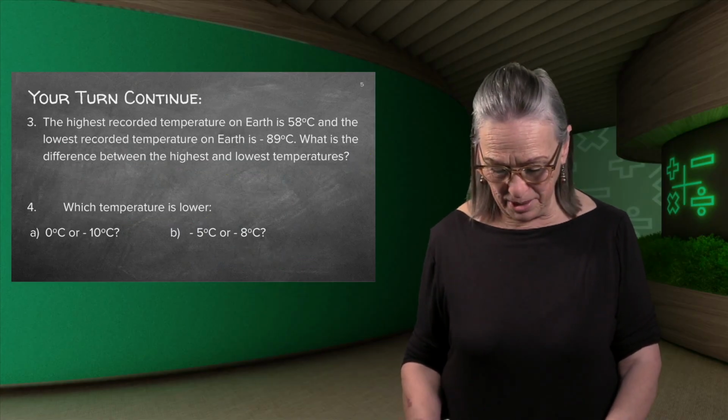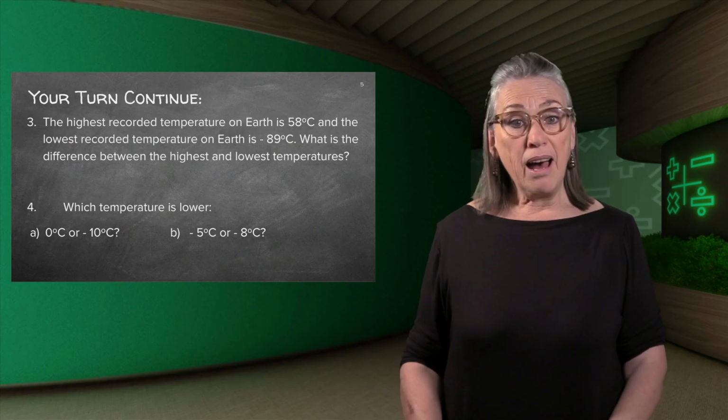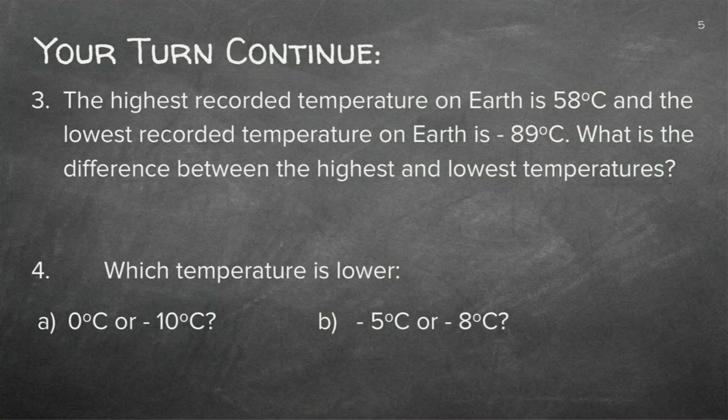Let's do another one. The highest recorded temperature on Earth is 58 degrees Celsius, and the lowest recorded temperature on Earth is -89 degrees Celsius. What is the difference between the highest and the lowest temperatures? Now I want you to pause and work it out for yourself, and then we see if you're correct.